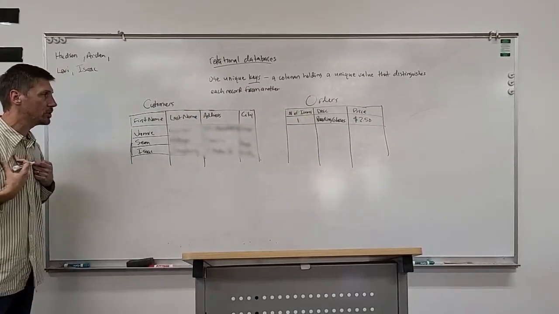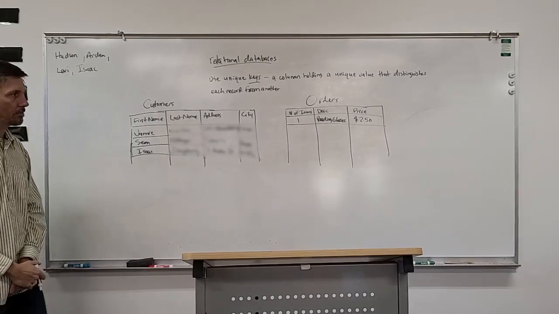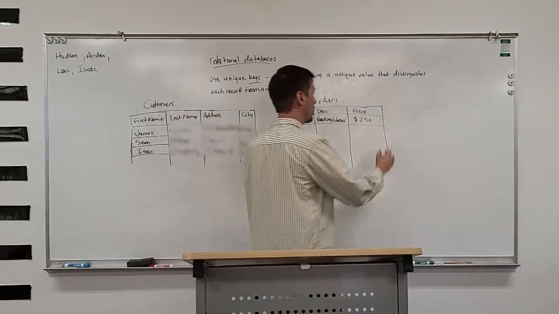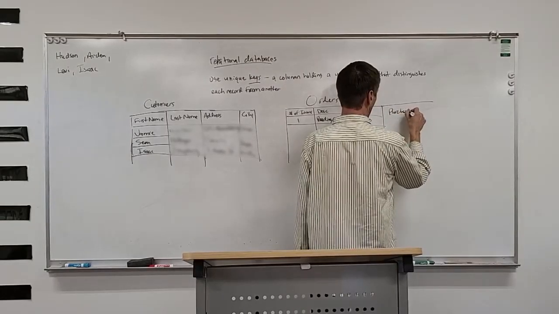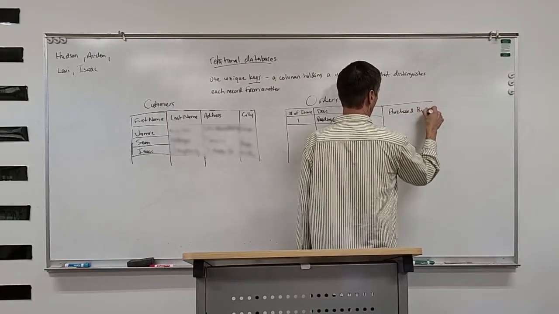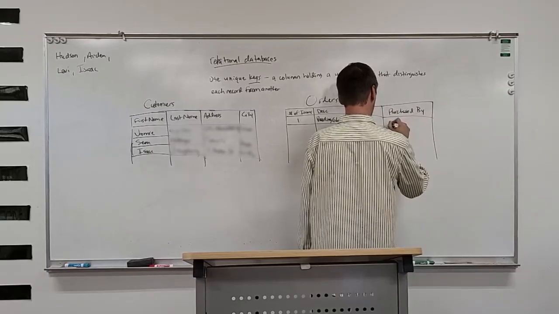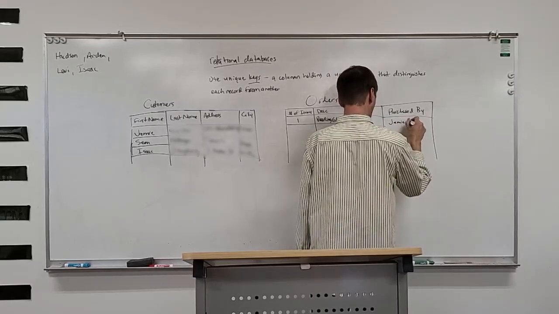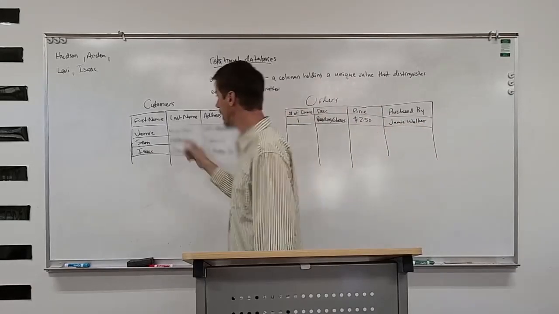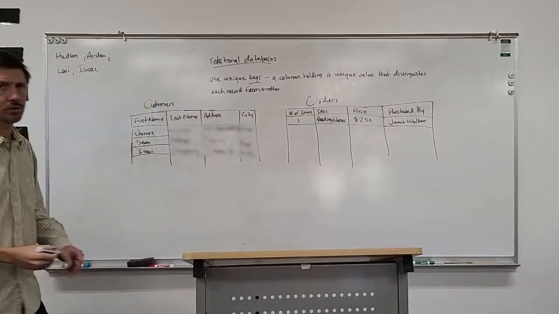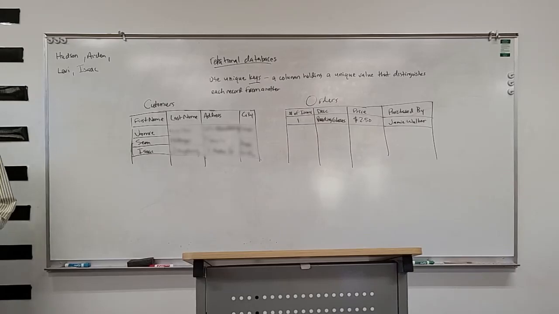All right, so I purchased that, so how is the system going to know that I purchased that? Well, it can record here, maybe we have a purchase by field, and maybe this field contains Jamie Walker. Okay, cool. So then I know that this is the guy that did it, and I know his address and his city and all that. What's the problem?